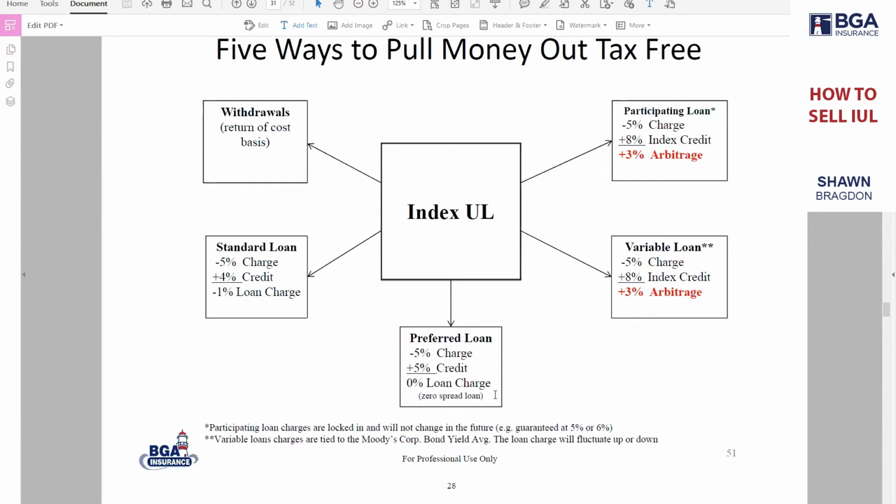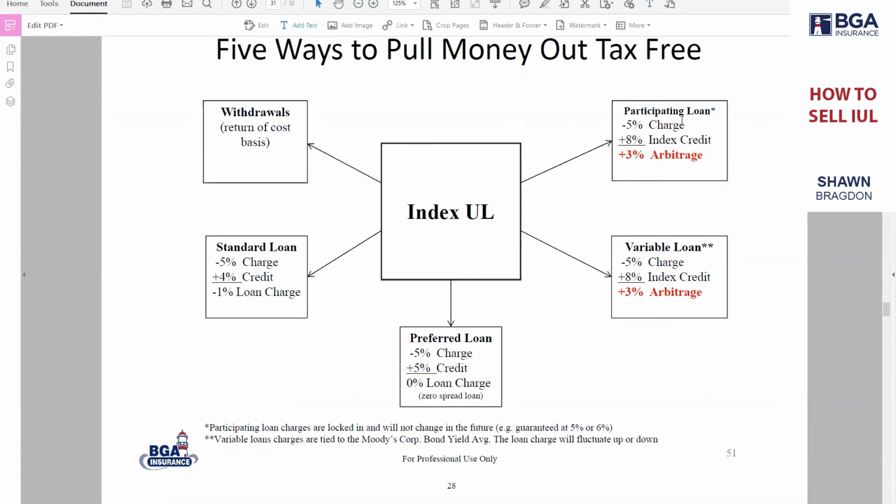Well, what's unique to an index UL product is they also offer participating loans and variable loans. And this is something that, as far as I know, is unique in the industry. With a participating loan, let's assume your client puts a bunch of money into an index UL policy, and 5, 6, 7 years down the road, he wants to buy a new BMW. That BMW is going to cost him $70,000.